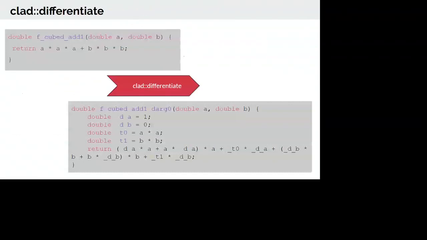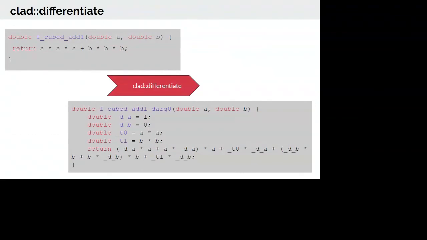So this is just an example of what clad::differentiate is. Say that you have a function f_cubed_add1, which is basically a cubic addition of 2 cubics, and you want to find the derivative of it.